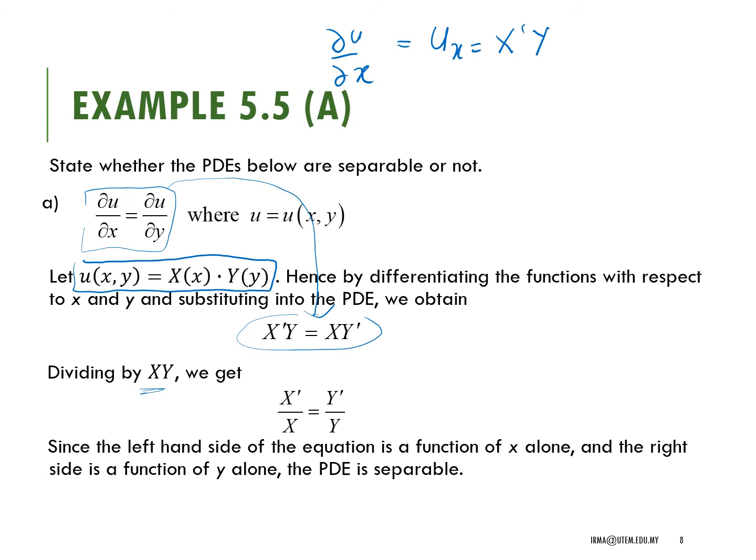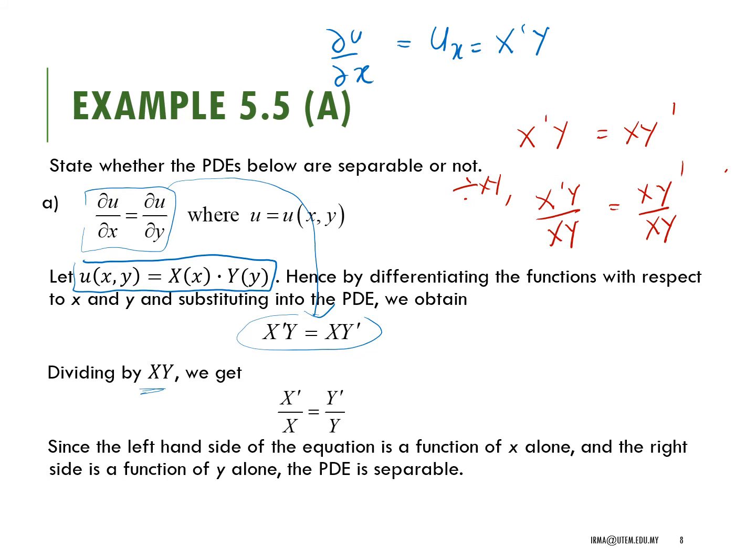X prime over X equal to Y prime over Y. I will show here. You have X prime Y equal to X Y prime. If you divide by XY, you'll have X prime Y over XY equal to X Y prime over XY. Okay, you cannot cancel out the X prime with X.